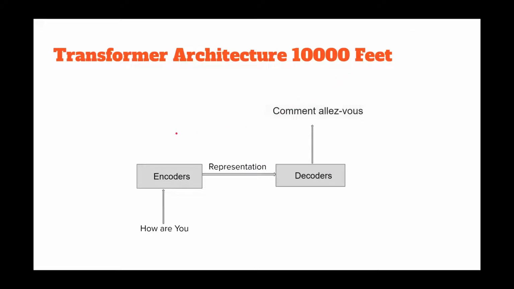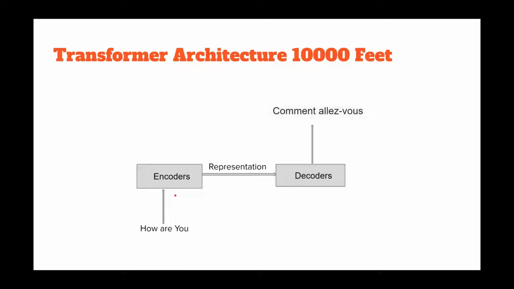Hi, in this lecture, we'll go through the transformer architecture at a 10,000 feet view. Let's understand how the transformer works with the language translation task. The transformer consists of an encoder-decoder architecture. We feed the input sentence, that is the source sentence, in this case English, "how are you", to the encoder.